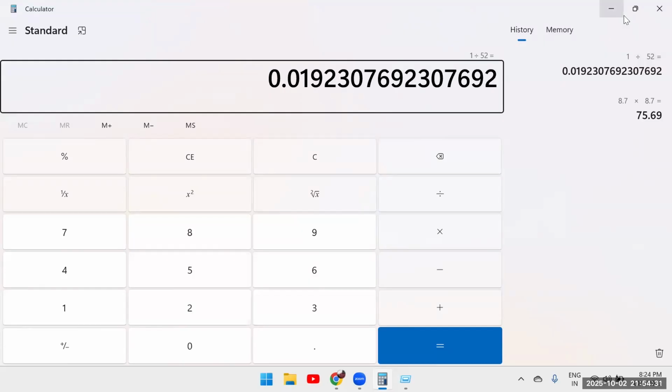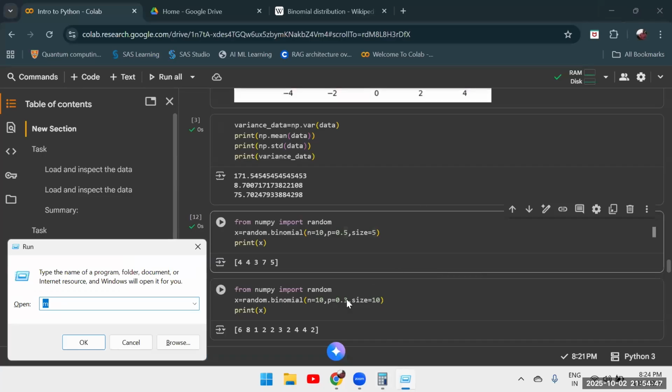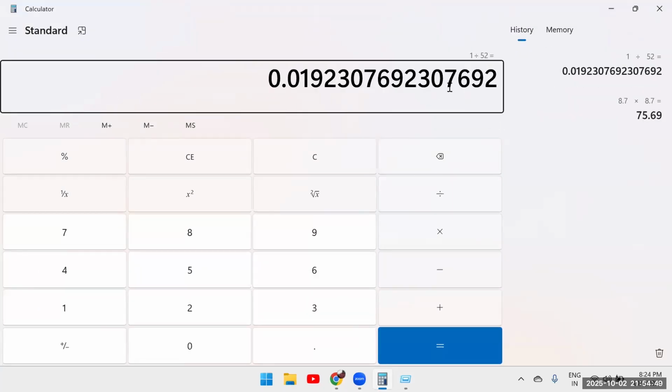So for this, let's take only one card. How many cards are there in 52? He's taking only one card, so that will be Ace of Diamonds. Ace is in 4 colors, so 1 divided by 52. No, sir, 4 divided by 52. Why? He's saying taking only one card, right? One card, but we have 4 Aces, sir, right?